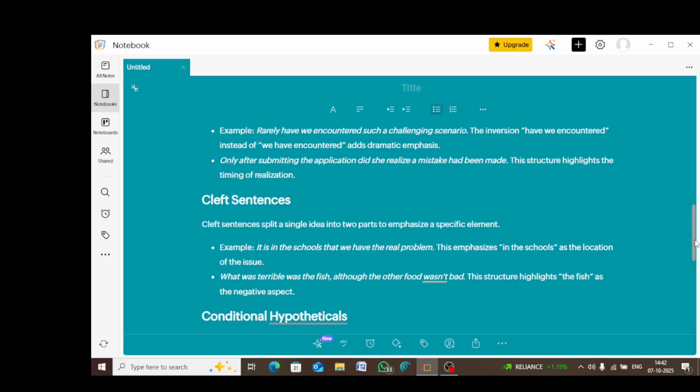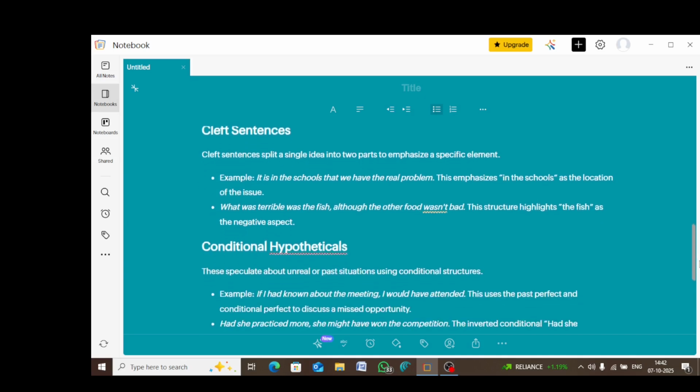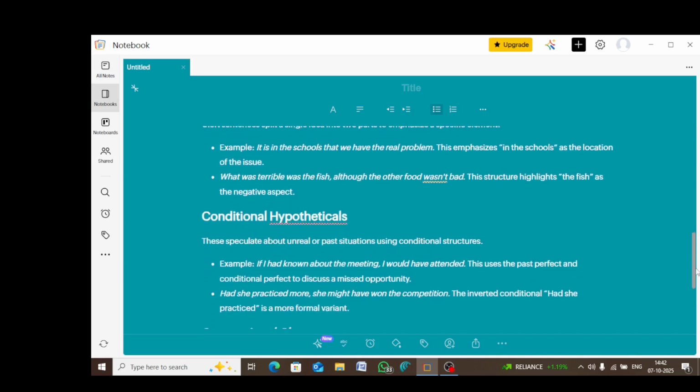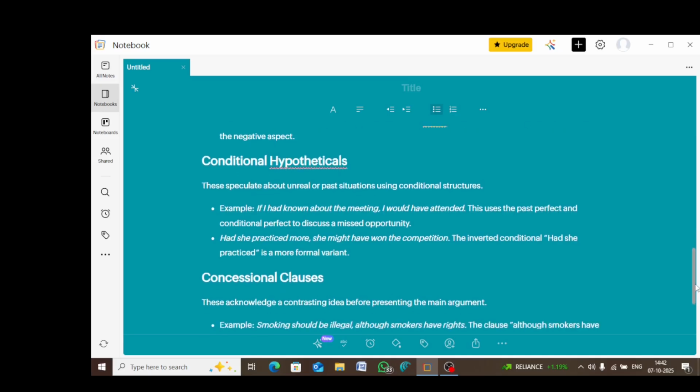Another example, what was terrible was the fish, although the other food wasn't bad. The structure highlights the fish as the negative aspect. Then conditional or hypothetical sentences.